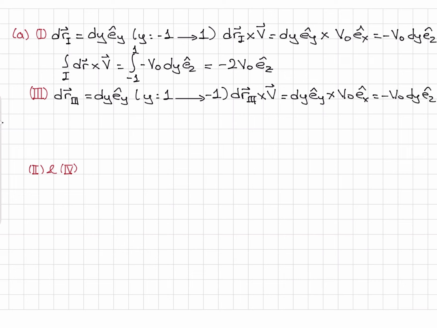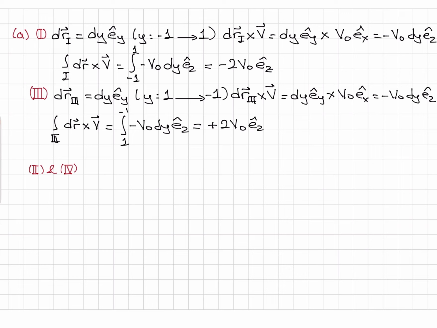And our integral on the third segment, dr cross v, is the integral from 1 to -1 of minus v0 dy ez hat, which will give us plus 2 v0 ez hat.